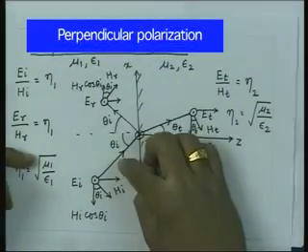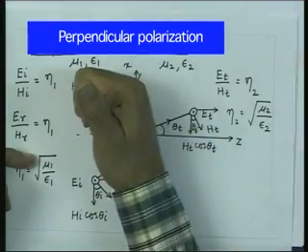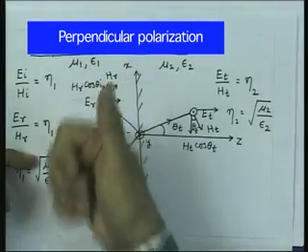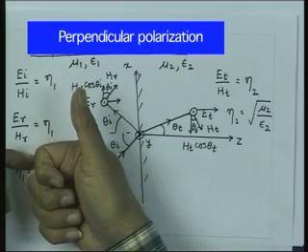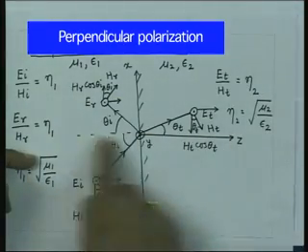The polarization which we take, whether parallel or perpendicular, does not matter, because when this angle becomes equal to 0, the electric field will be lying in the plane of the paper, but perpendicular to this direction.